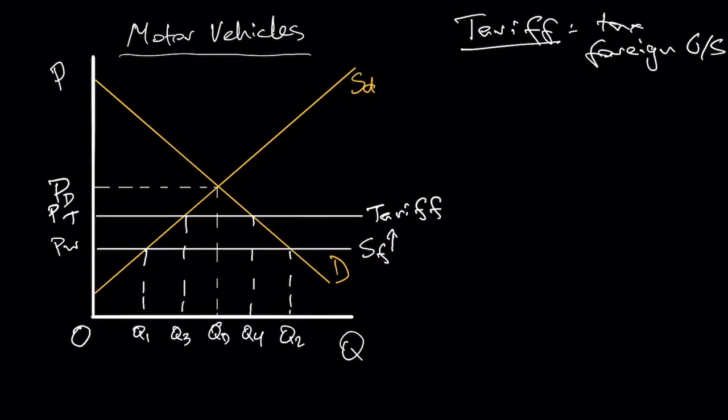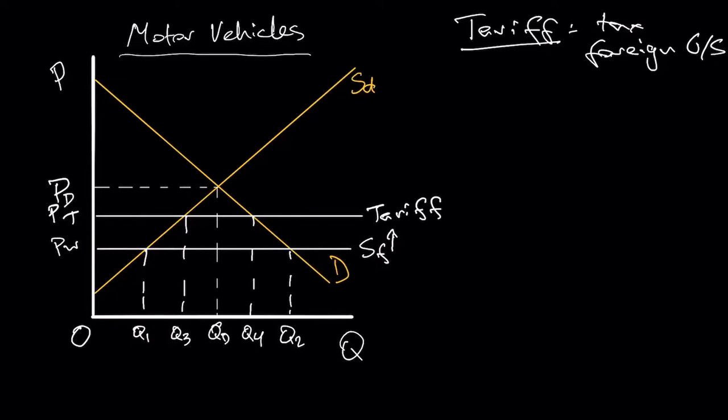So their producer surplus will increase relative to when we were just going off the world price, and consumer surplus is going to decrease. Now, we need to show the impact on consumer surplus and producer surplus on this market to illustrate whether there's going to be any deadweight loss at all.